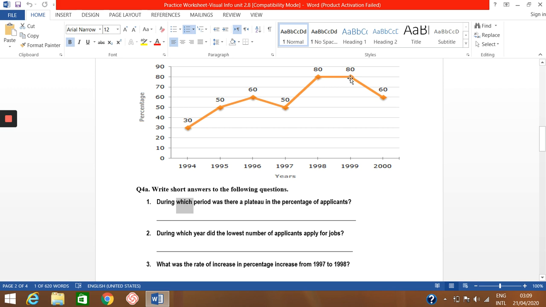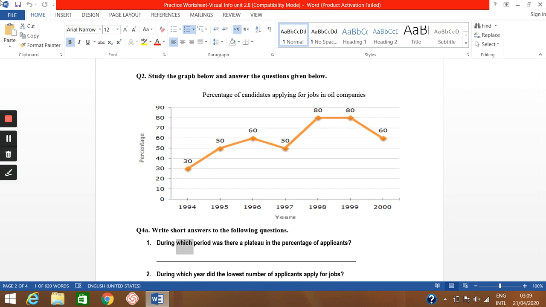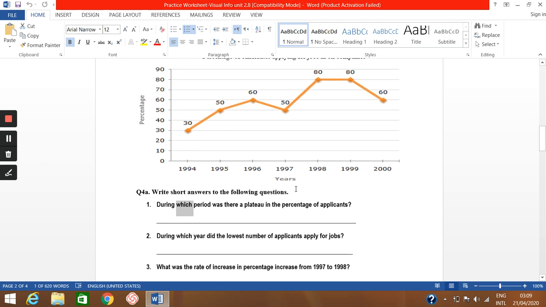Then this is the third period where it went down. So the graph here shows some kind of fluctuation or change in the percentage of candidates applying for jobs in oil companies. And of course, this could be attributed to certain justifications, which you might not need to provide here.